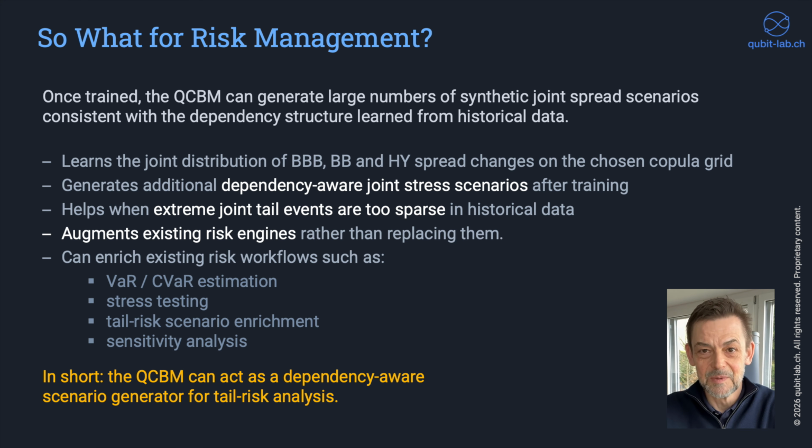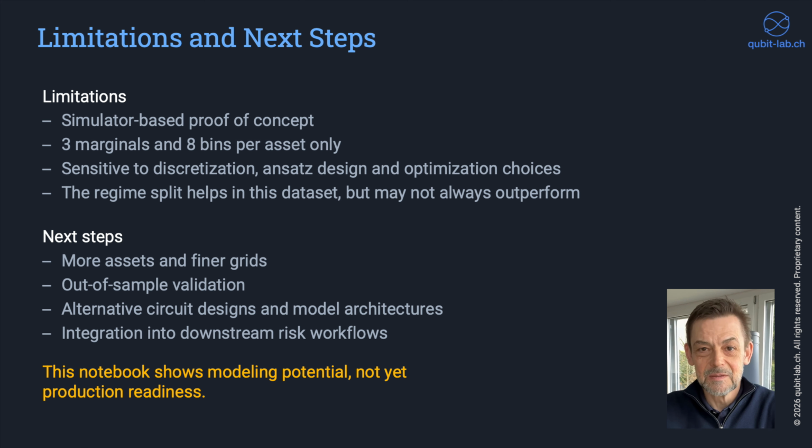Before getting carried away, it is worth being explicit about the limits of this proof of concept. This notebook is a simulator-based proof of concept. It uses only 3 marginals and 8 bins per asset, so it is still a small-scale setting. The results are also sensitive to discretization choices, ansatz design, and optimization stability.